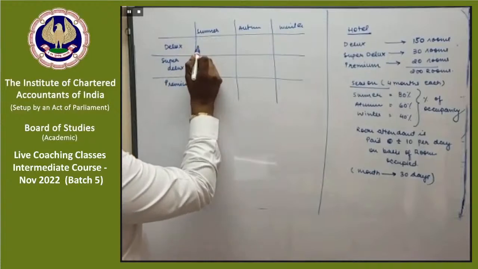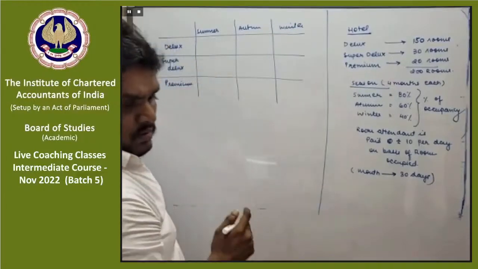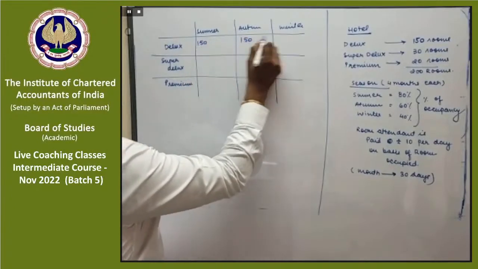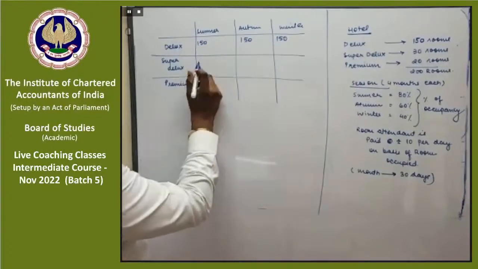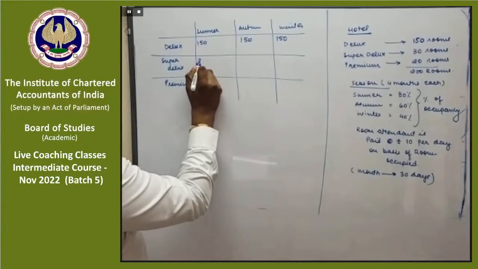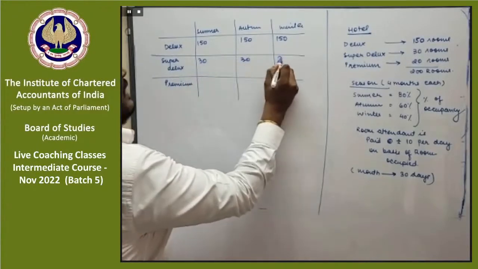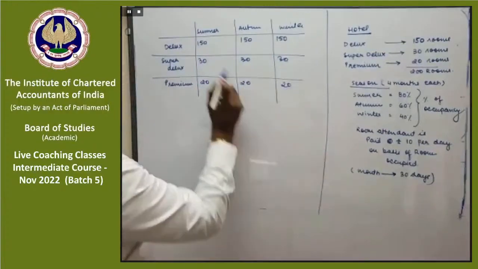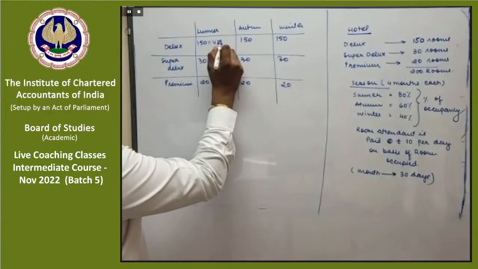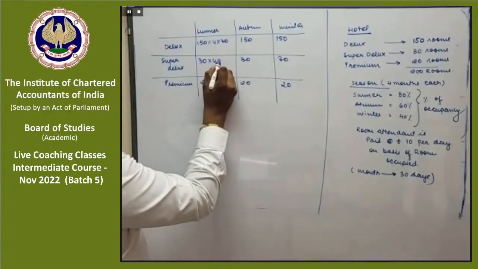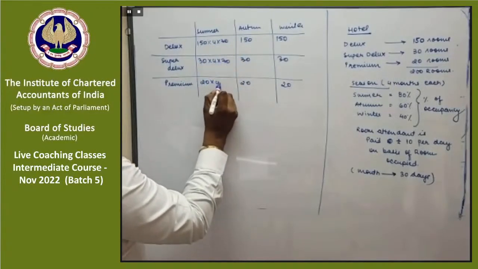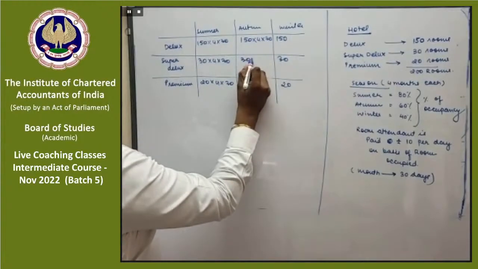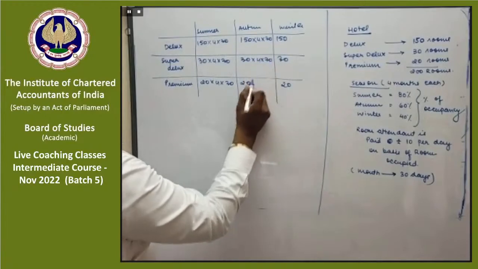So when talking about Deluxe, there are 150 rooms, 150, 150, 150. There are 30 rooms for Super Deluxe, so 30, 30 and 30, 20, 20, 20. Into 4 months, into 30 days, into 4 months, into 30 days, into 4 months, into 30 days.